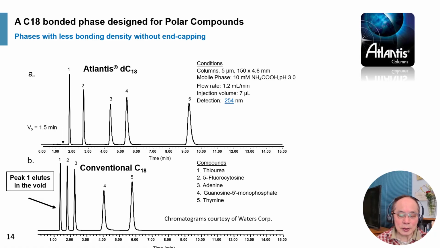So to compare the conventional C18 column on the separation of some of the polar compounds, you can see that peaks 1, 2, 3 are not much retained. The Atlantis under the same condition shows much more retention, and therefore for separation such as polar drugs, this is a little bit more desirable.